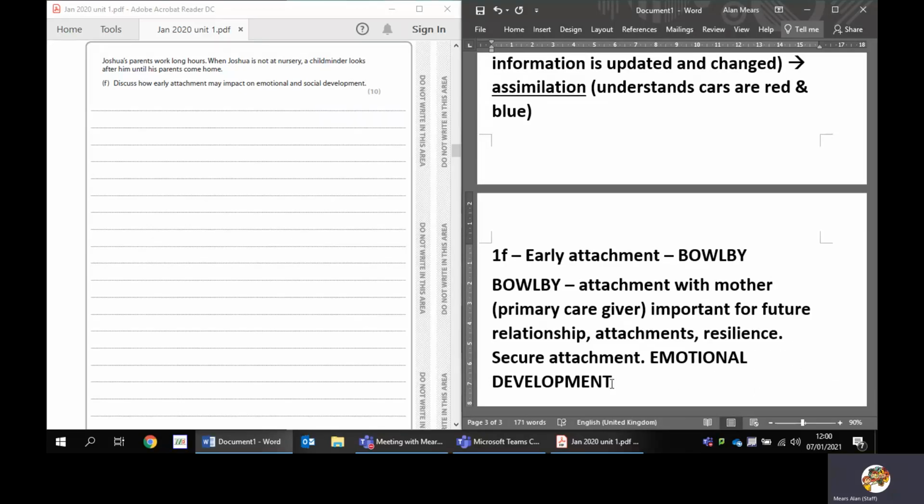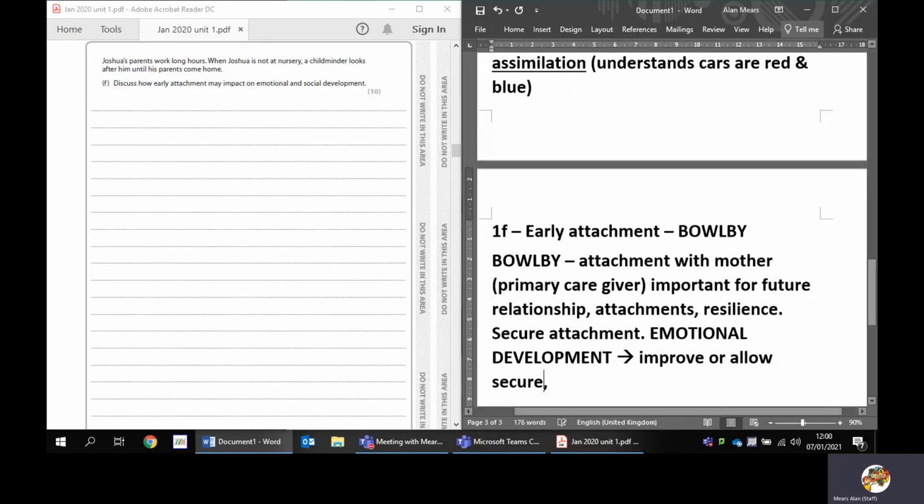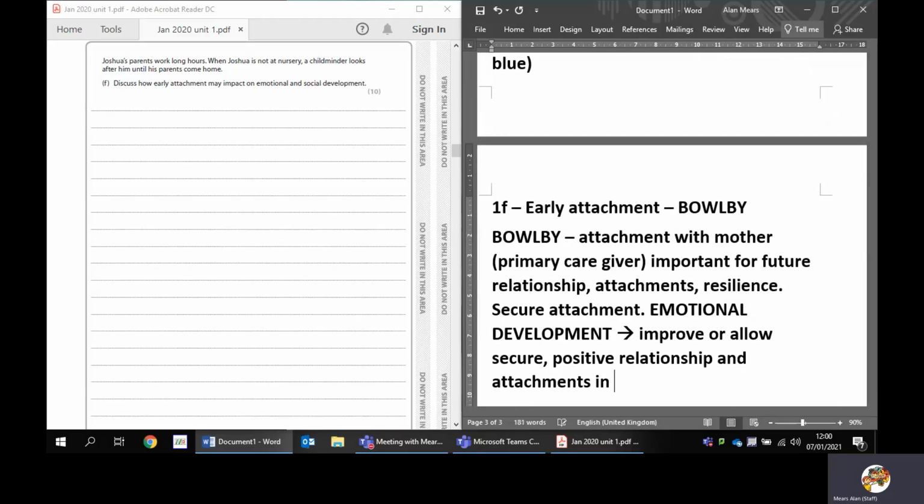So thinking about the question, we can just come back to the idea that this would allow secure, positive relationships and attachments in adult life. And the key thing that Bowlby found was that if you had good attachment as a child, you'd have good attachments and relationships as an adult. So that's part of that question, Bowlby and attachment.